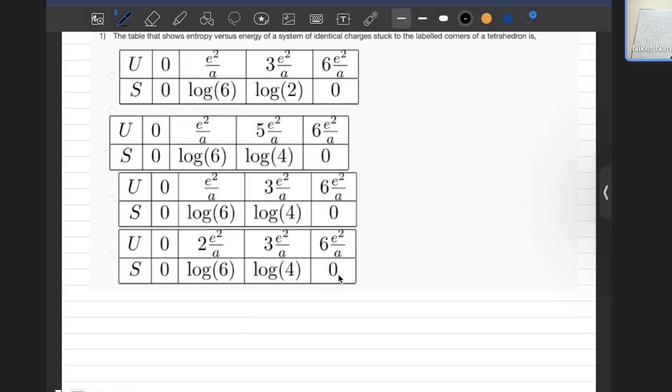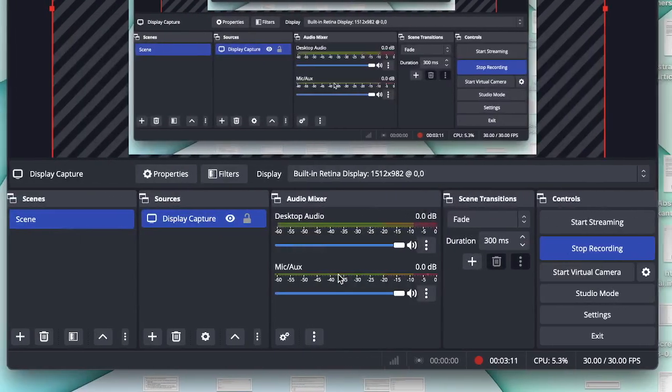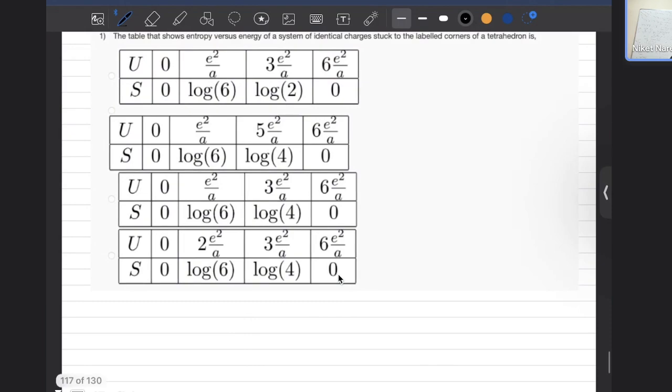So, okay, what is a tetrahedron exactly? A tetrahedron is, I have a shape of this form. I have a triangle, and this is inside, this point which I have marked. It's inside the plane of this sheet.